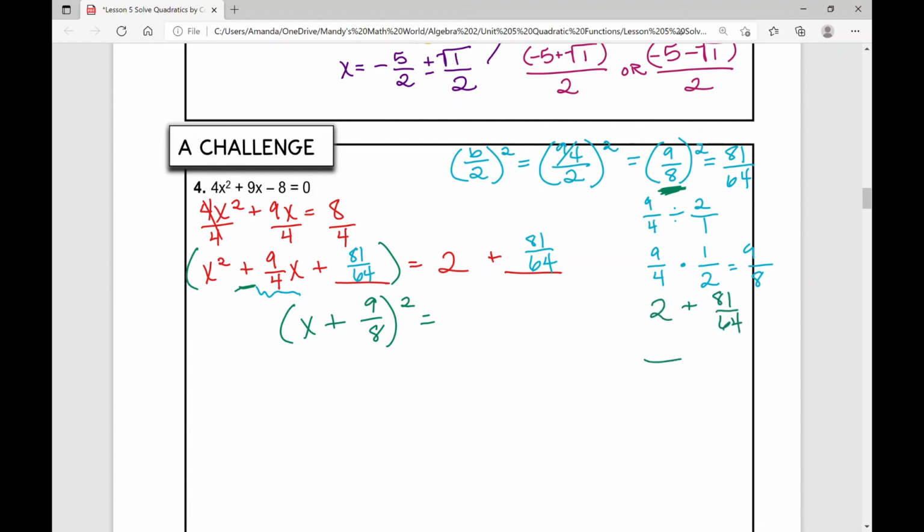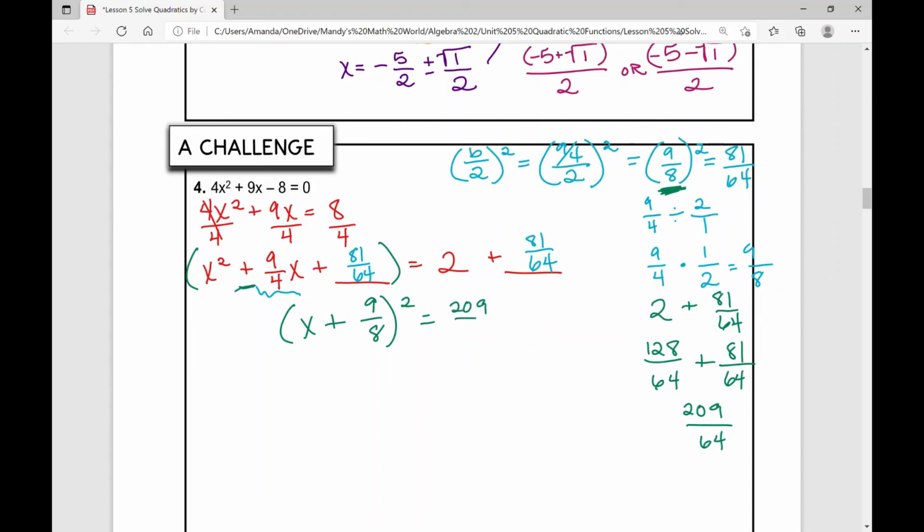I need a common denominator, which is obviously going to be 64. 2 over 1 is the same thing as what over 64? 128. So now 128 plus 81 is going to be what? 209. If you need to, write that off to the side. But that's 209 over 64.